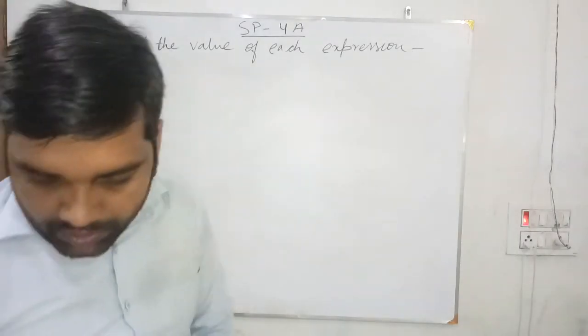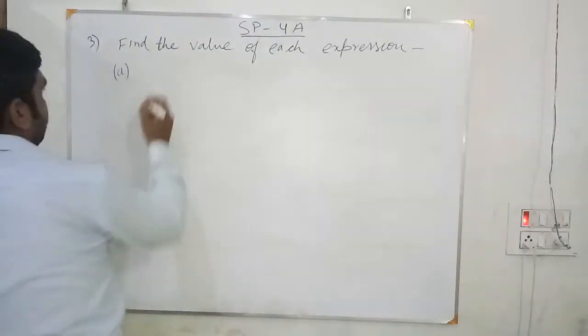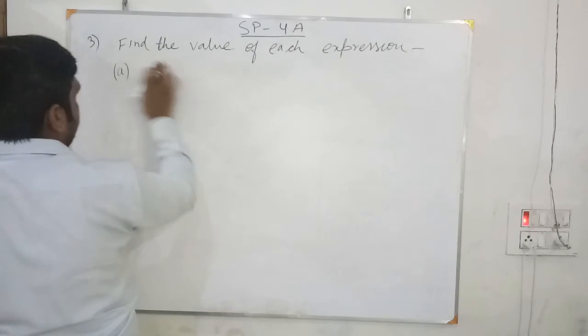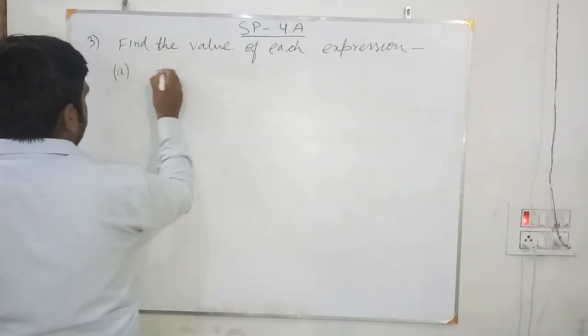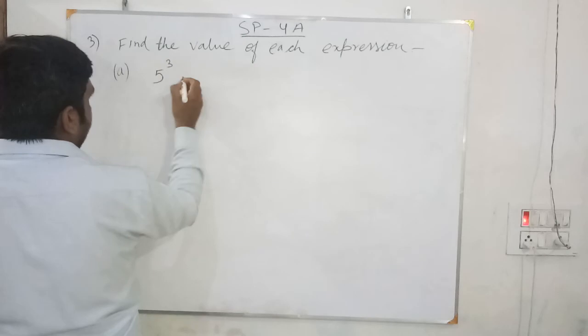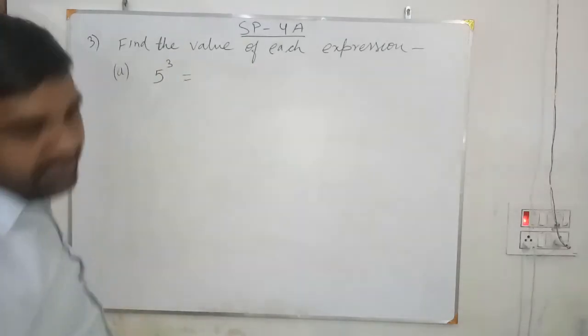Okay, 5 to the power 3. We have to find the value of this expression. The base is 5 and the exponent is 3.